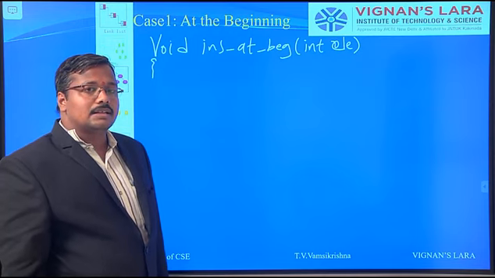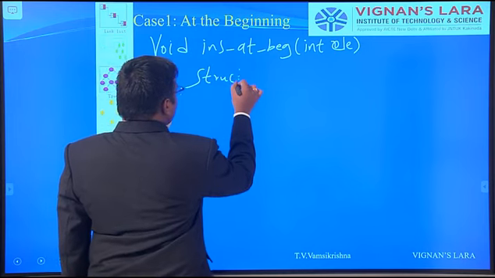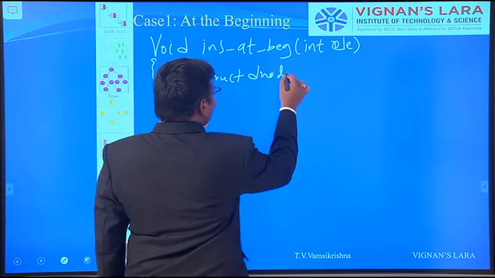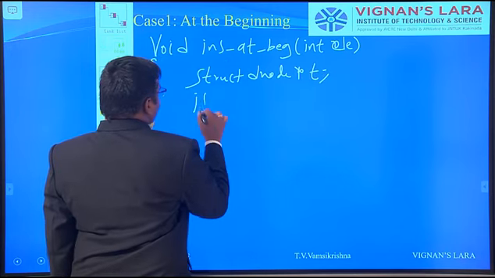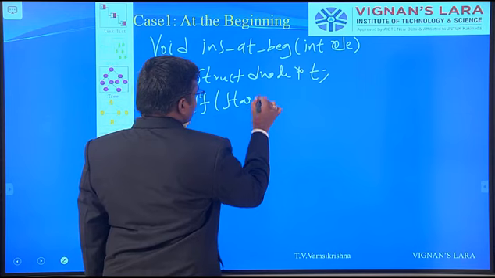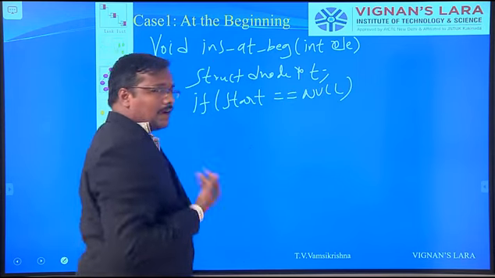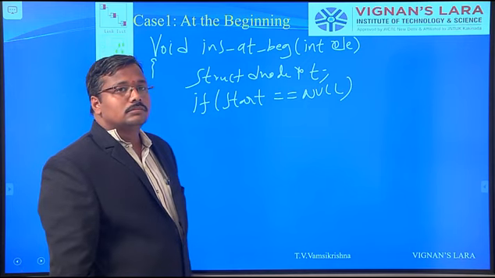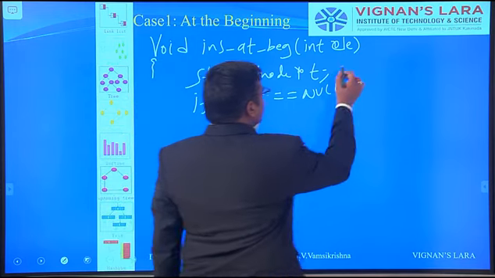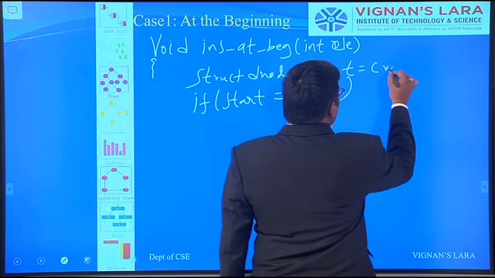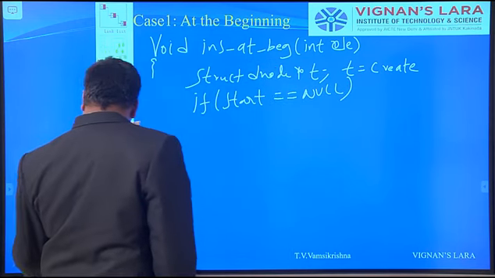Whenever the linked list is empty. So first struct dnode star t. Here if start is equal to null, it means initially the linked list is empty, so we call the create node function.